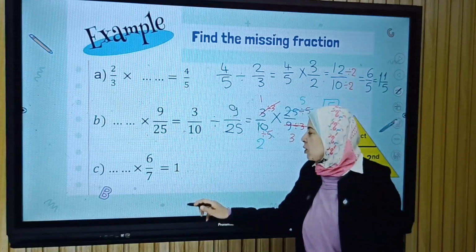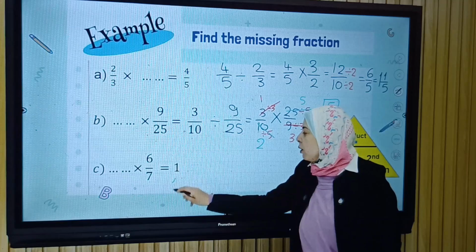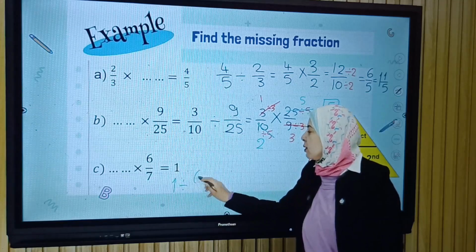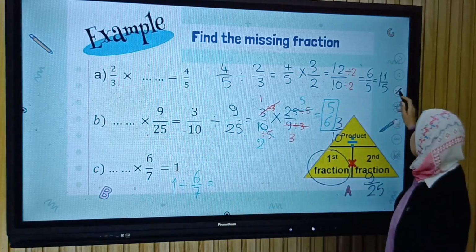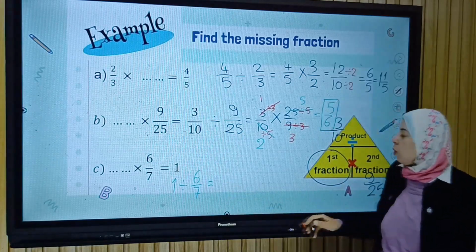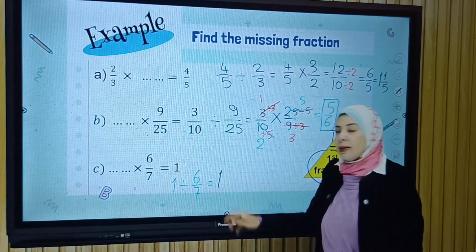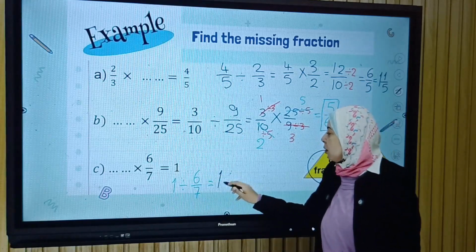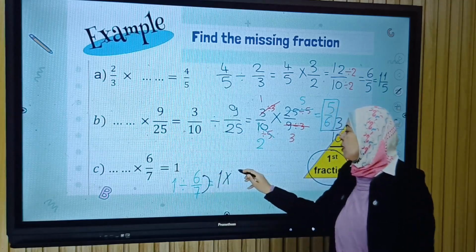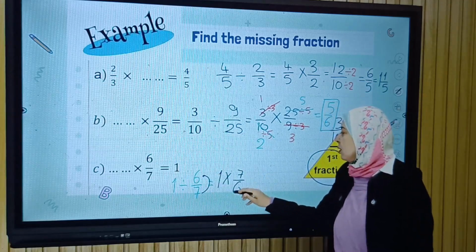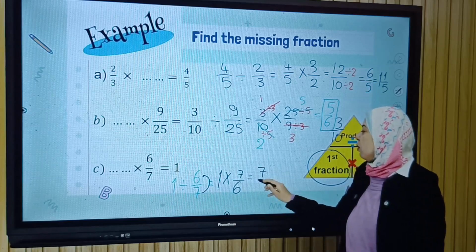The product is 1, so I write 1 divided by 6/7. I put the 1 as it is, divided becomes multiplied, and the reciprocal of 6/7 is 7/6. So the answer is 7/6.